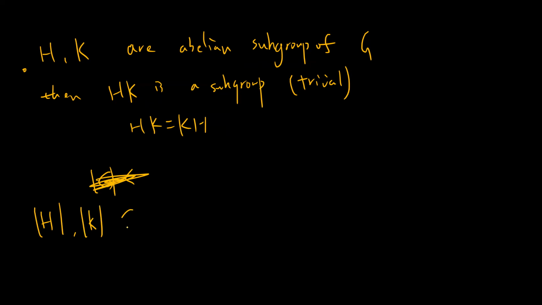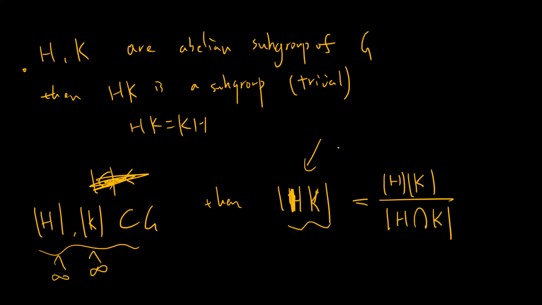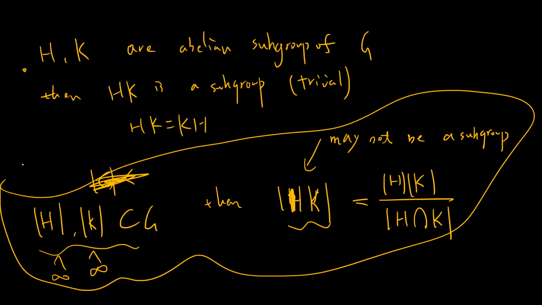So you take any two finite subgroups of G. Then the order of HK is the order of H times the order of K divided by the order of H intersection K. Notice that in this case HK may not be a subgroup, because I'm not saying that KH is the same as HK. I only say that HK is a set. This is what I intended to prove, the final part of this video.